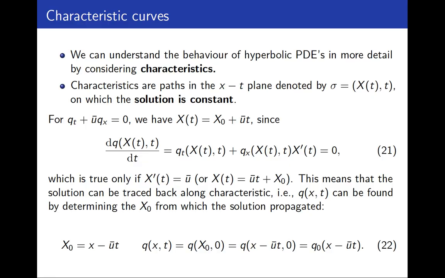So how do we obtain these characteristic curves? Remember, this is our linear advection equation, which is a scalar equation. If we take the derivative of q evaluated at this capital X, we will talk about this capital X in a moment, but let's evaluate the derivative of q there with respect to time. You obtain this relation: qt evaluated at capital X and time, plus qx evaluated at capital X and time, multiplied by the derivative of capital X with respect to time, and this is equal to 0.